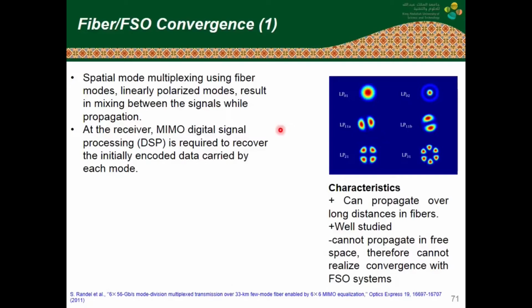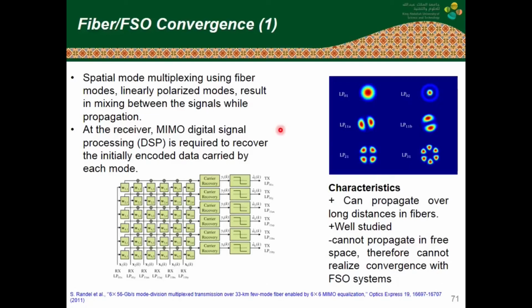which means that they can exchange energy while propagating over optical fibers, and this requires complex digital signal processing at the receiver. So, for example, this graph shows a DSP block used to separate six different LP modes after propagating over 33 kilometers.